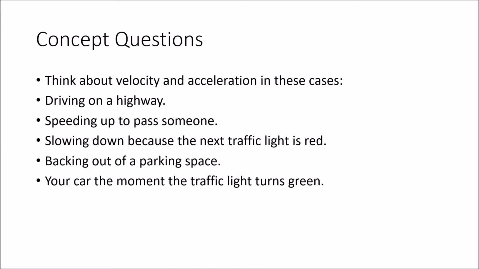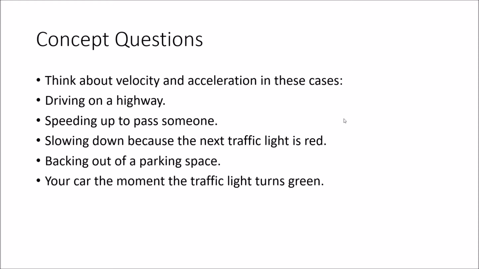If you're just driving at a constant velocity on that highway, then your acceleration is zero. No acceleration if you're not changing your velocity. If you're going at a continuous 75 miles per hour on the highway, zero acceleration, positive velocity. Speeding up to pass someone. I saw some good comments in chat about that too.